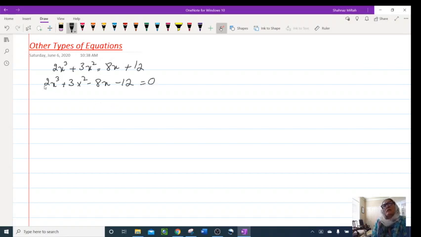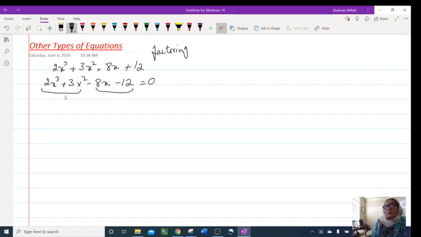Now anytime you have a polynomial equation, you're solving it by factoring. Make sure that if you have 4 terms, 1, 2, 3, 4, you solve these two first, and then you go for these two. How we're going to do that is find a common factor.